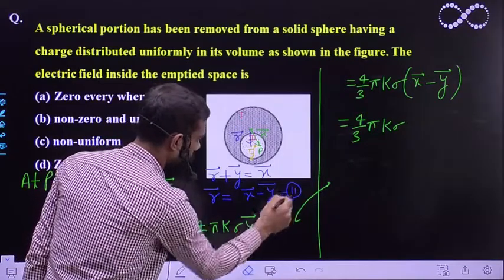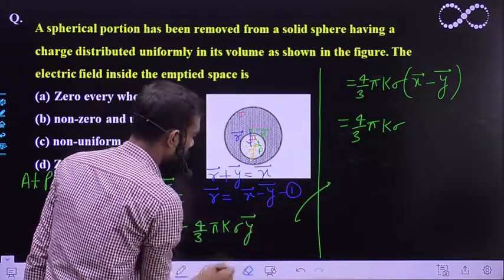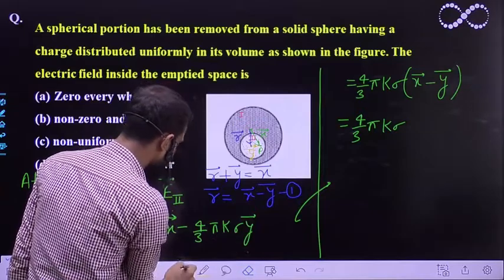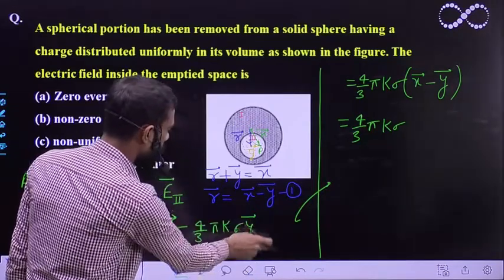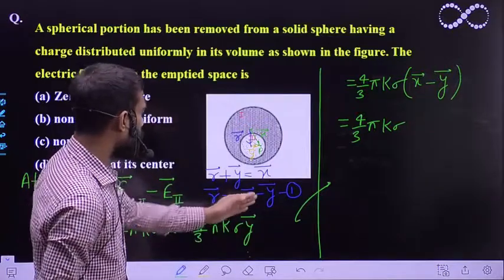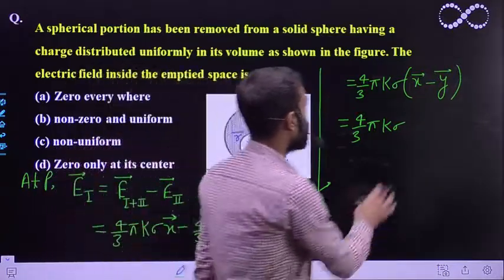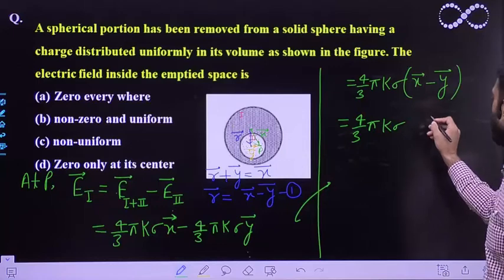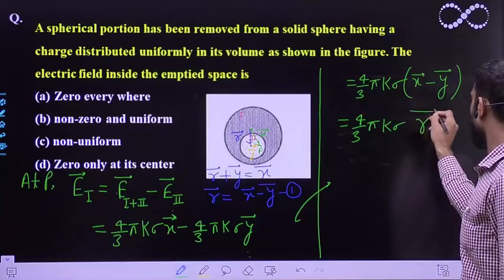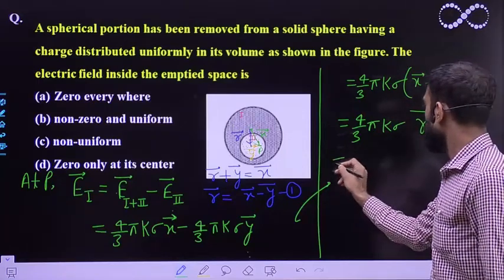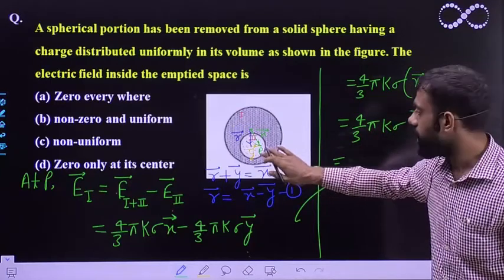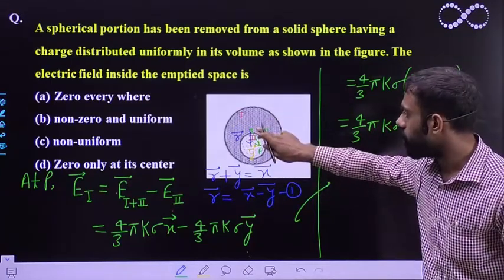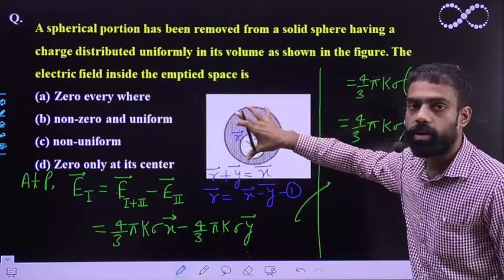So from equation 1, x vector minus y vector is equal to r vector, so I can put it here. r vector is nothing but the position vector of the center of the cavity with respect to the center of the bigger sphere.